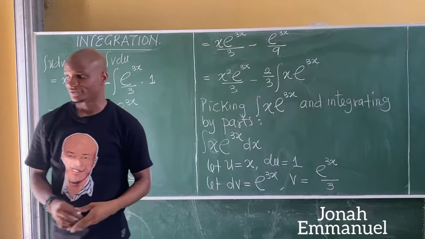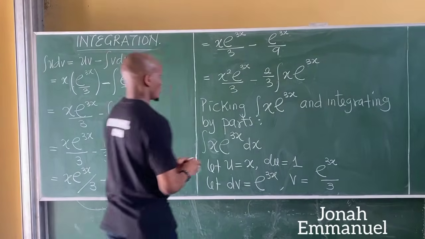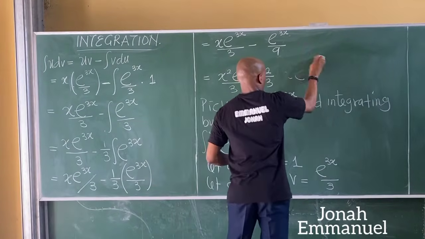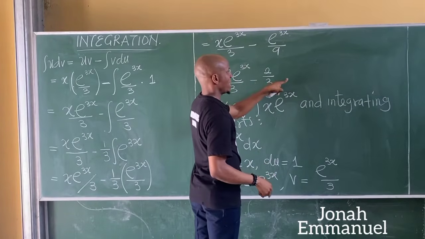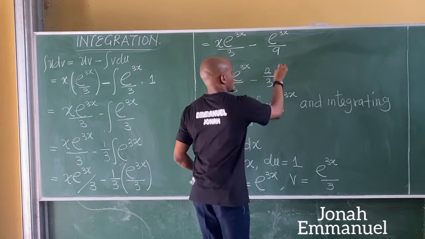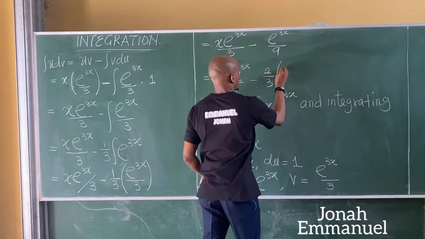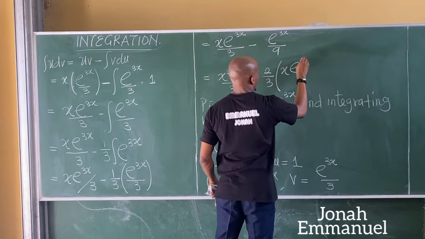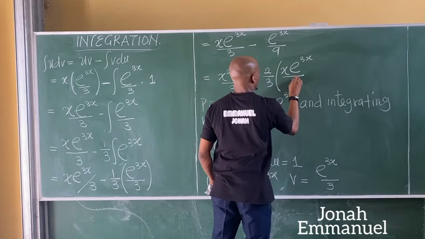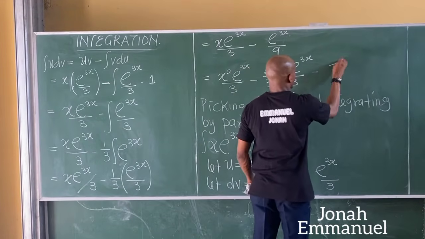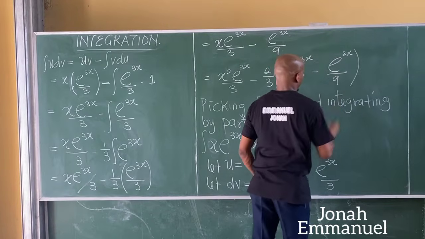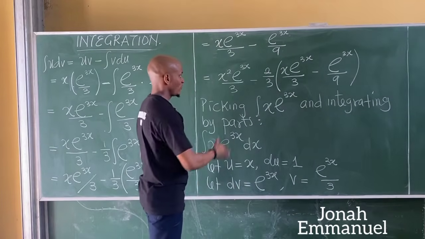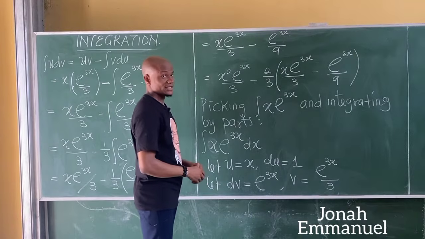Okay, so in place of that integral of x exponential 3x, I will now have this value, that's x exponential 3x all over 3 minus exponential 3x all over 9. Okay, you can now expand this and then simplify.